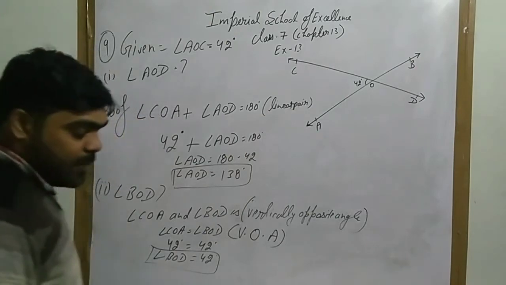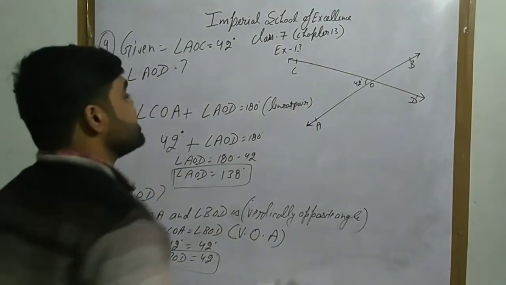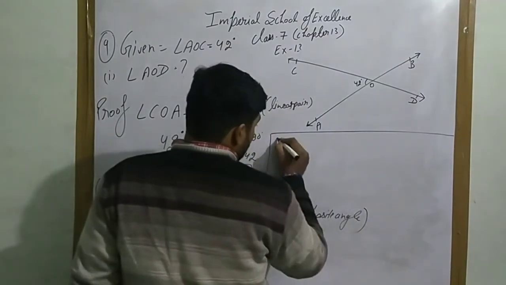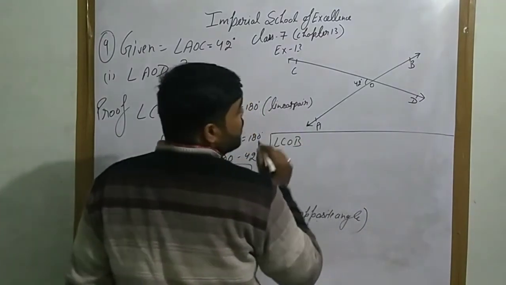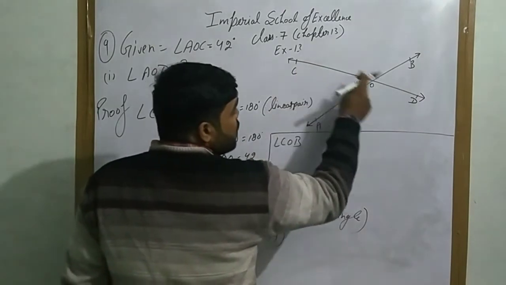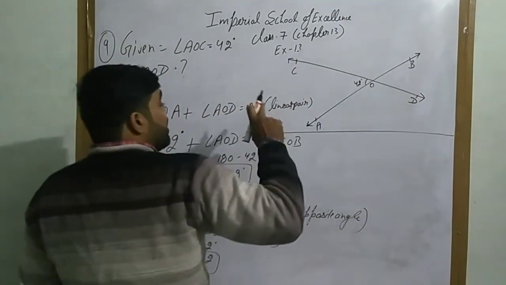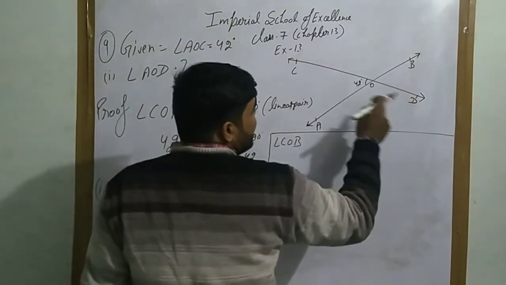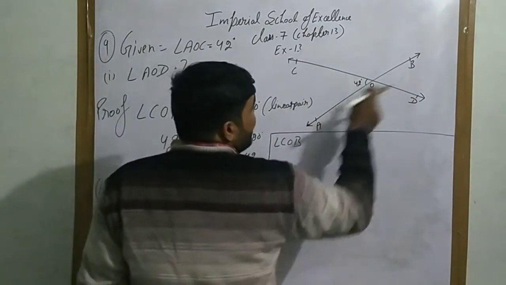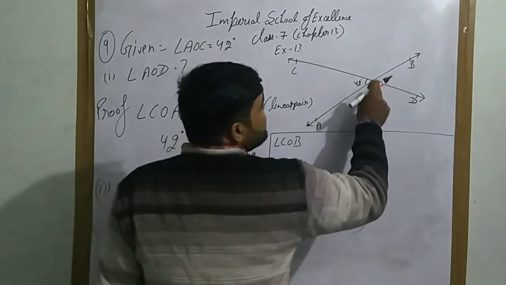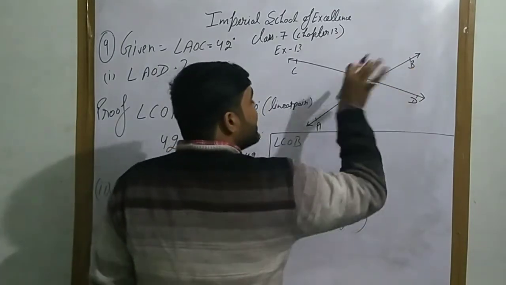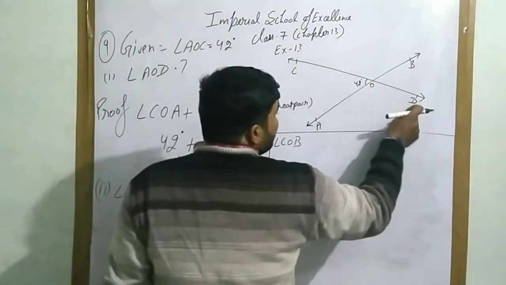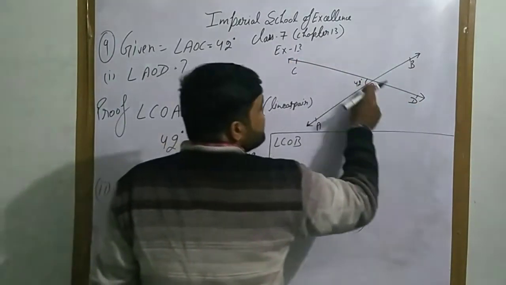Now let's come to the third part. The third part is angle COB. You have to find angle COB. In the first part we found angle AOD. Just as angle COA is vertically opposite to angle BOD, angle AOD will be vertically opposite to angle COB.